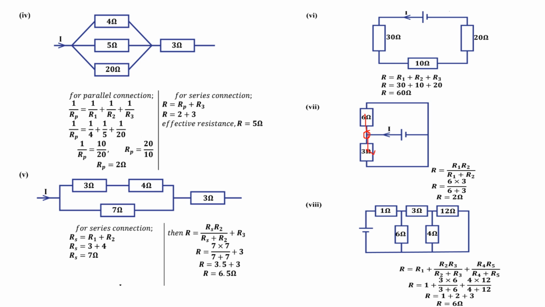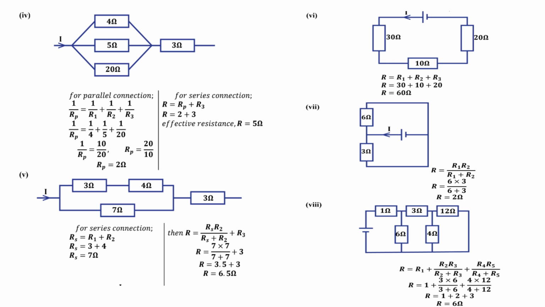That's why they are in parallel. So once there is a split in the current entering a junction, then that circuit is actually arranged in parallel.